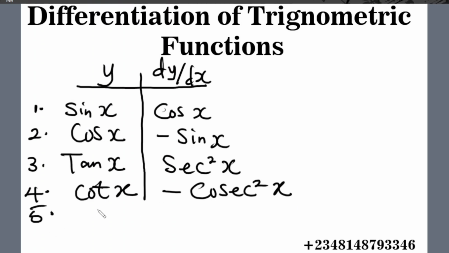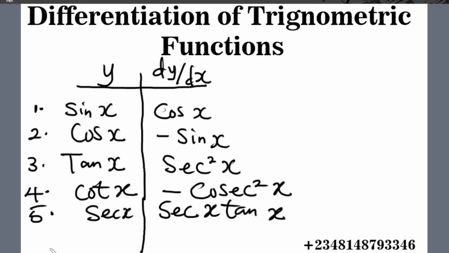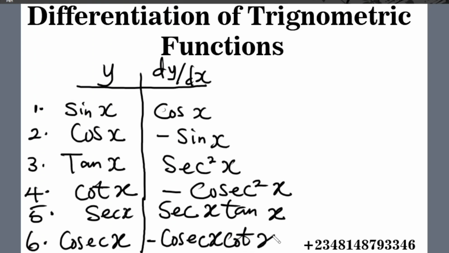If we differentiate sec x, it would give us sec x tan x. And finally, if we differentiate cosec x, it would give us negative cosec x cot x.